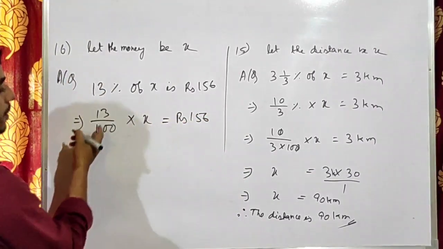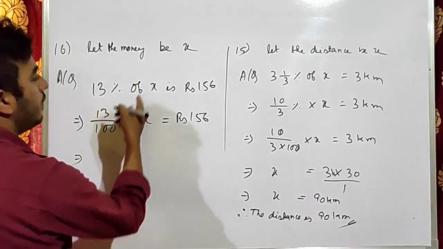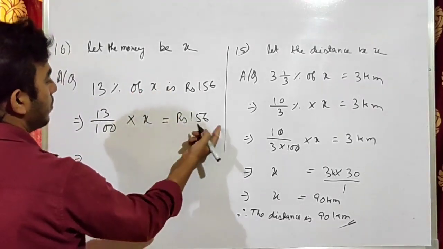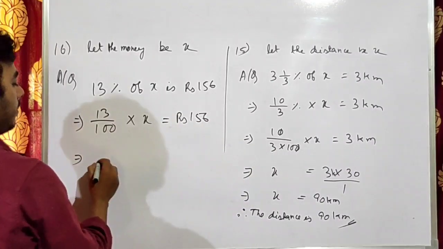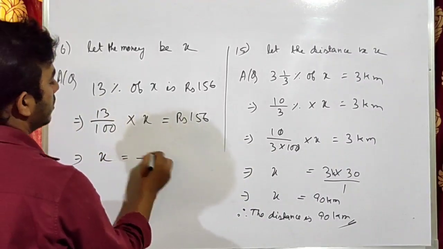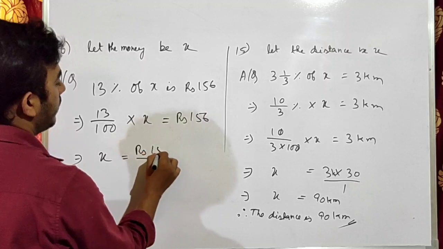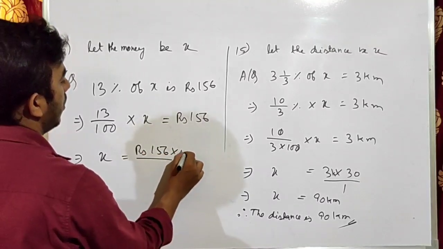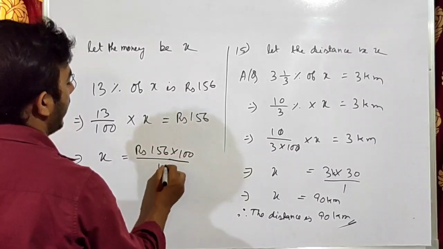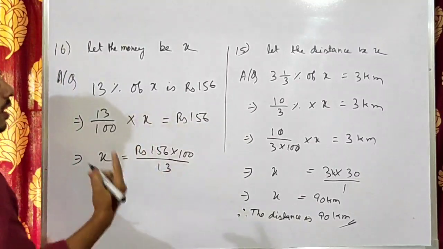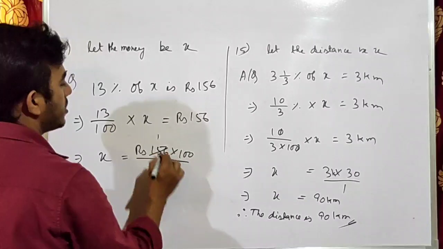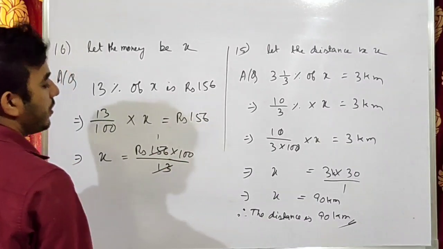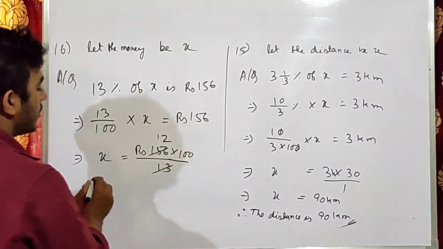Now here what I have done, 13% means 13 divided by 100 of into x is equals rupees 156. So now we'll cross multiply directly. x equals rupees 156 into 100 and then 13 and then cancel. 13 into 1 is 13, 13 into 2 is 26.